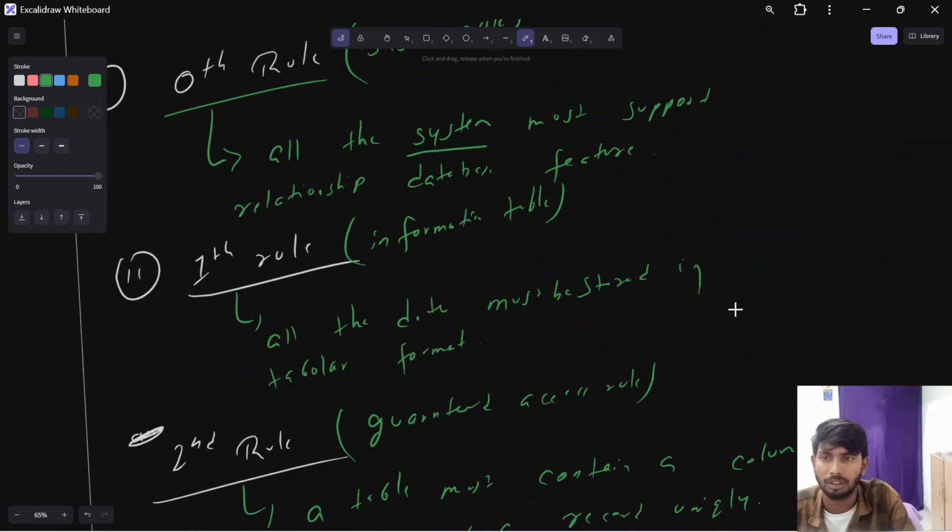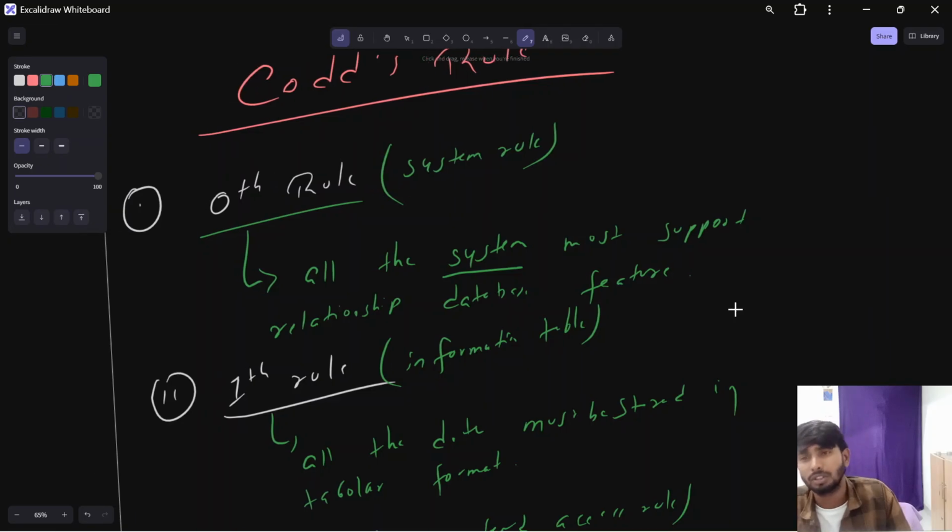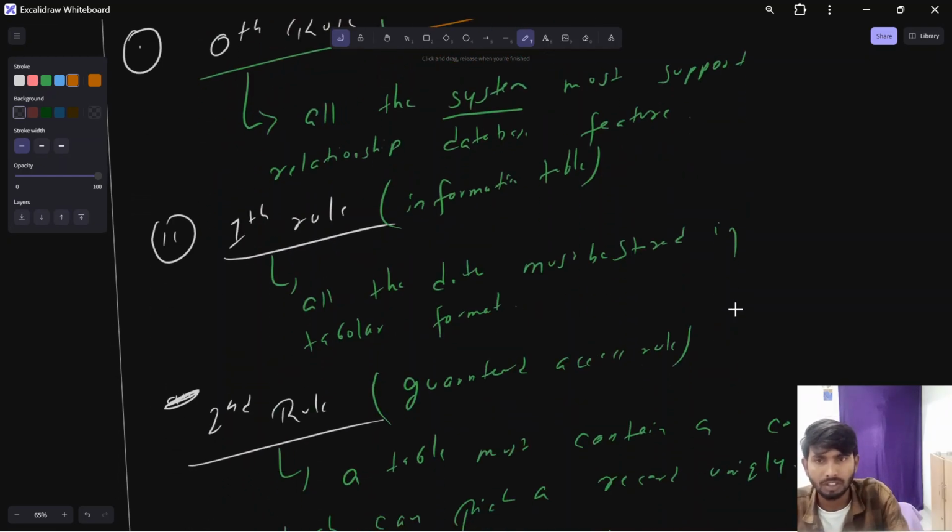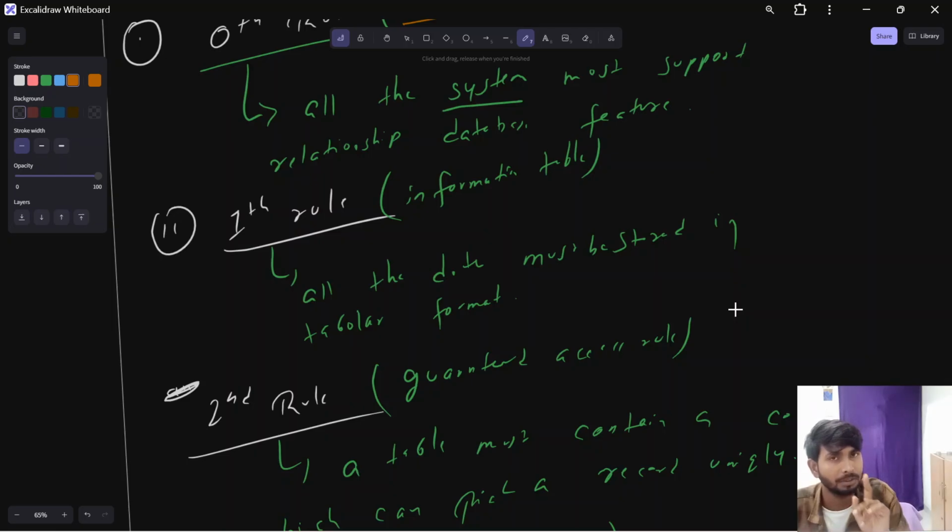We have done the zeroth rule, known as the system rule, that all systems support the relational database feature. Second, all the data must be stored in the table format.